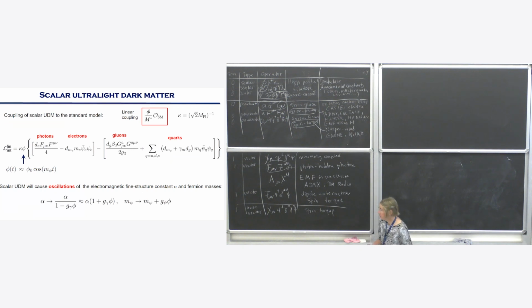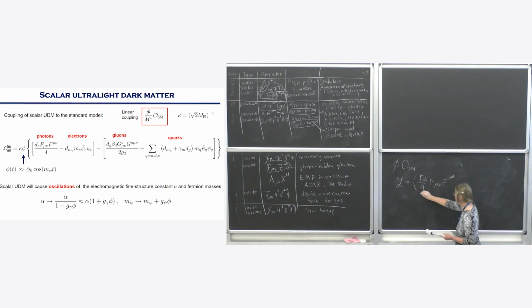So let's write, I will use slightly different designations just to make it more standard. All we are doing is coupling our scalar particle to the standard model Lagrangian. What that means is that we have an extra term in addition to the normal standard model Lagrangian, and I'm going to write it in more proper units. So this is a coupling constant to the electromagnetic field.